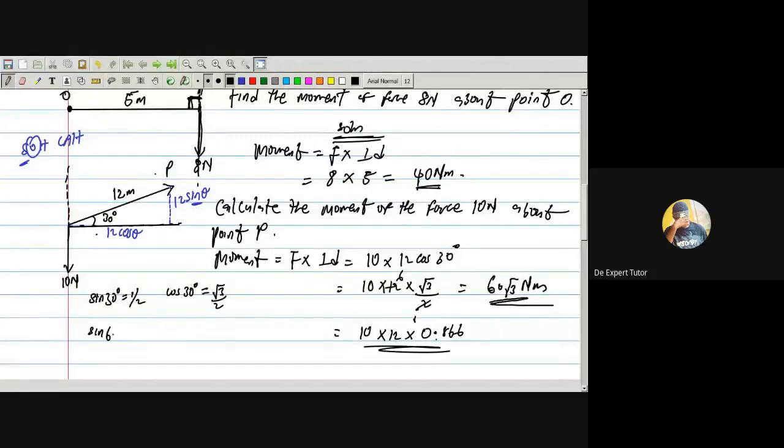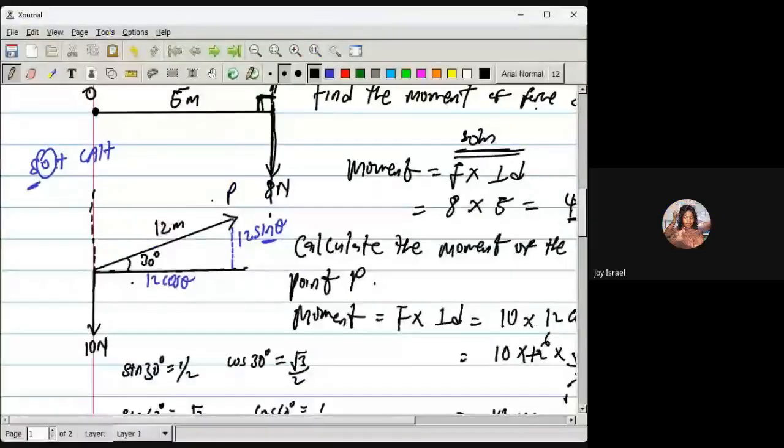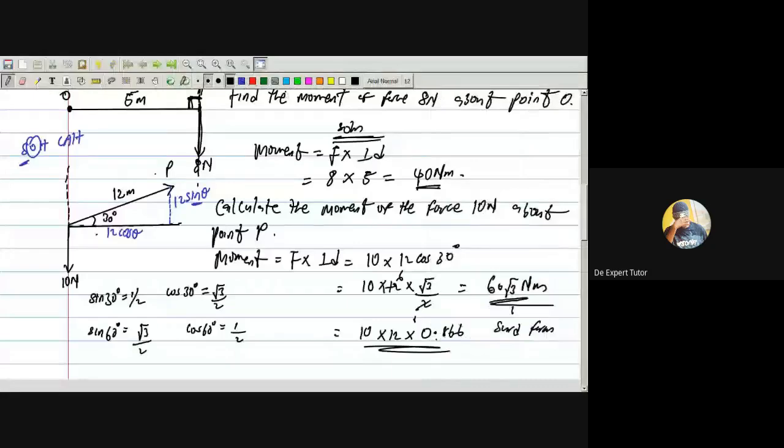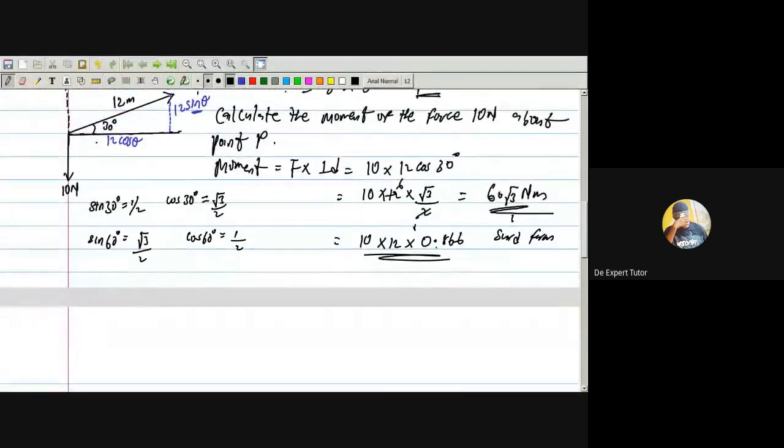Then sine 60 is equal to square root of 3 over 2. Then cos 60 is equal to what? Half. You can know this. So this is what we call short form. Is that clear? Yes, sir. Exactly, good. That's how to find moments. Let's move on to the next page.